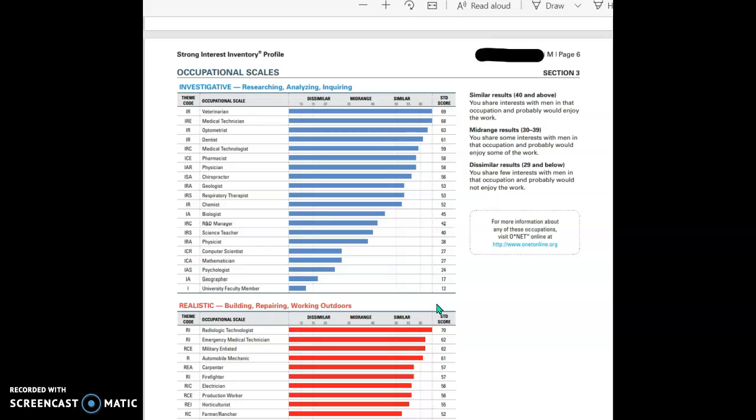So the top of the page tells you that results of 40 and above will indicate that you share interests, in this case, with men in that occupation. As it happens, the individual whose results I'm sharing with you is a male. And then the mid-range is between 30 and 39, and dissimilarity will be anything 29 and below.